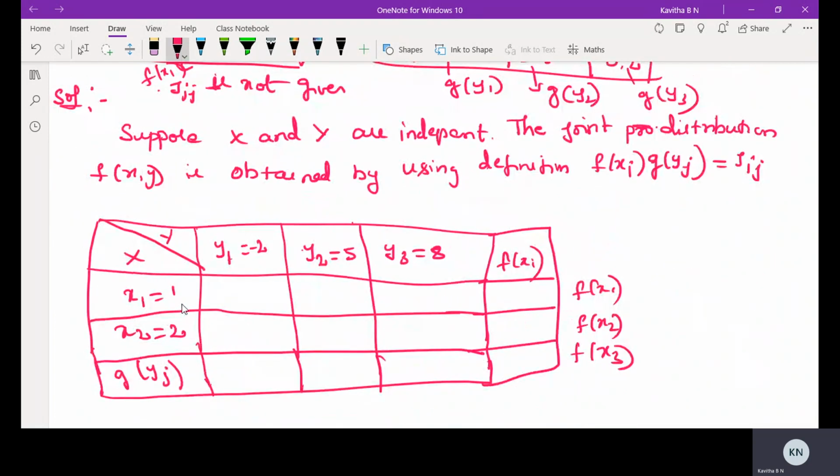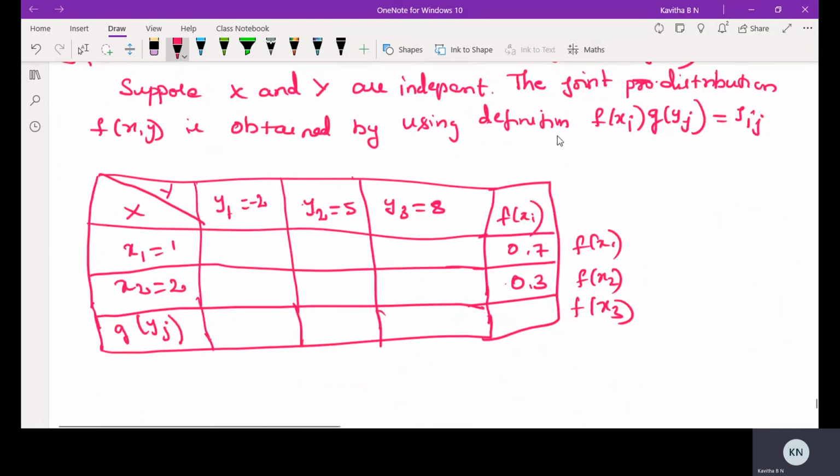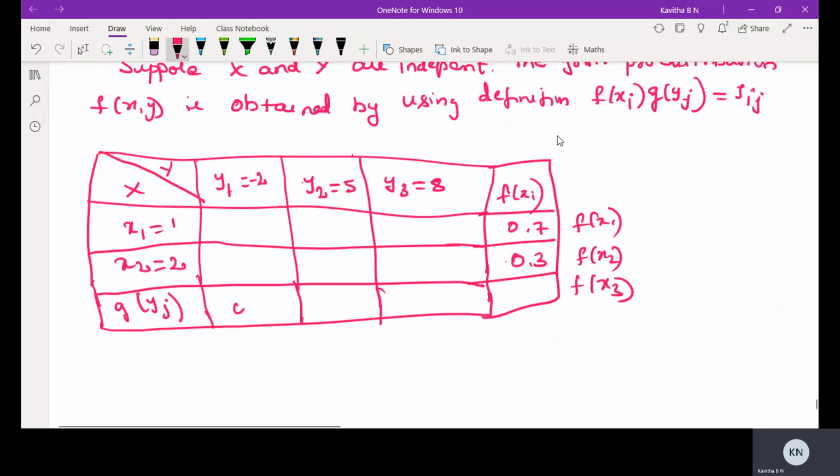According to this problem, f of x1 is 0.7, f of x2 is 0.3. Then g of y1 is 0.3, g of y2 is 0.5, g of y3 is 0.2.